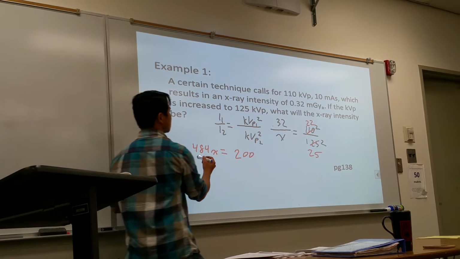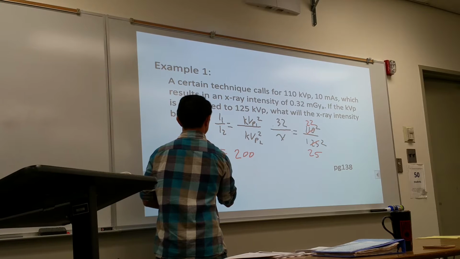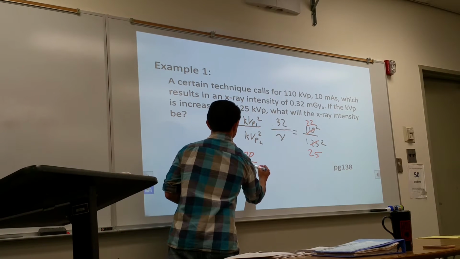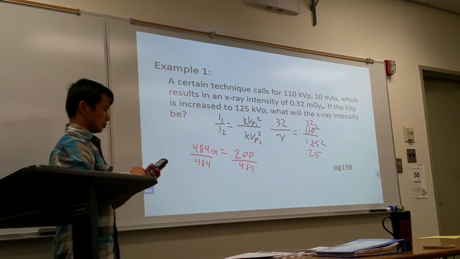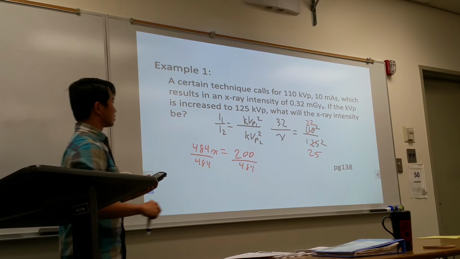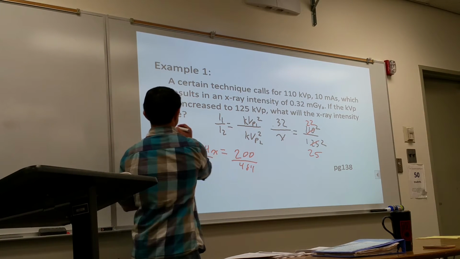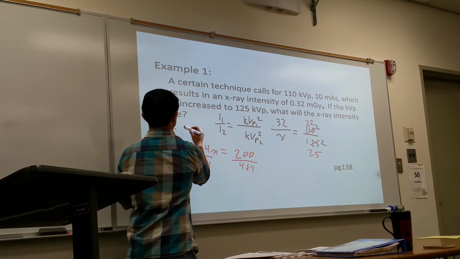Divide both sides by 484. So the new intensity will be 0.41.